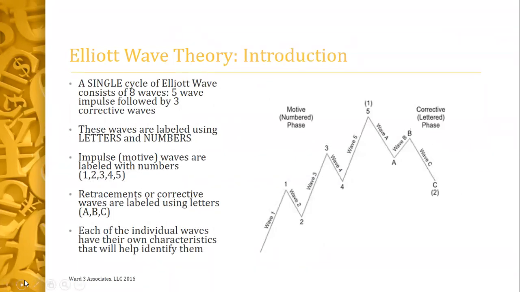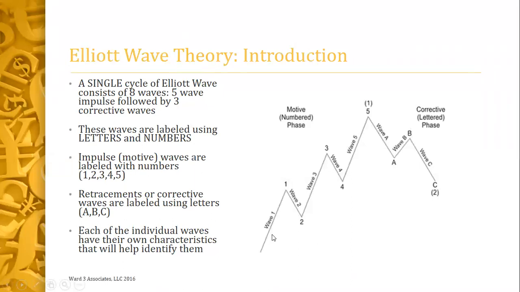Okay, so here's what a complete wave looks like, all right? A single cycle of Elliott Wave consists of 8 waves, and that's broken down into 5 impulse waves, followed by 3 corrective waves. So you've got wave 1, wave 2, wave 3, wave 4, wave 5.